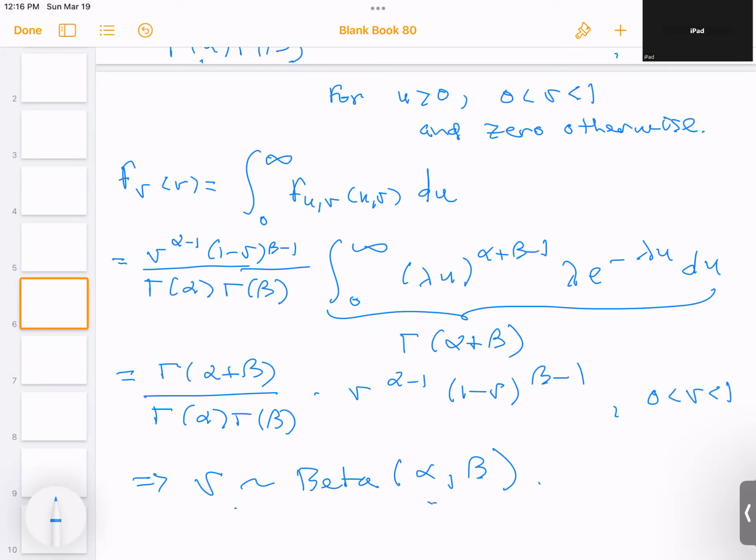This makes sense when you think about the gamma in terms of sums of independent exponentials. If you have a sum of alpha exponentials over the sum of alpha plus beta exponentials, and they're all the same rate, you do expect the mean to be alpha over alpha plus beta. Okay, but it's interesting, and now you have shown this.